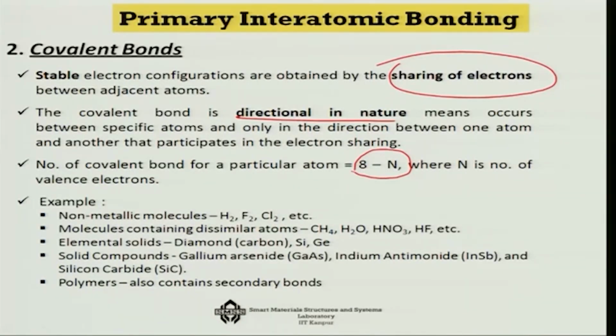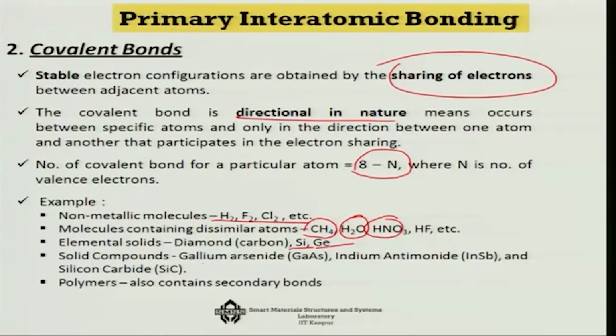Now, there are a couple of materials which are very famous for covalent bonding. Of course, there are non-metallic molecules: hydrogen, fluorine, chlorine, etc. Then we have molecules containing dissimilar atoms: CH4, H2O, HNO3, etc. We have elemental solids, for example, carbon forming a covalent bond, or silicon or germanium.